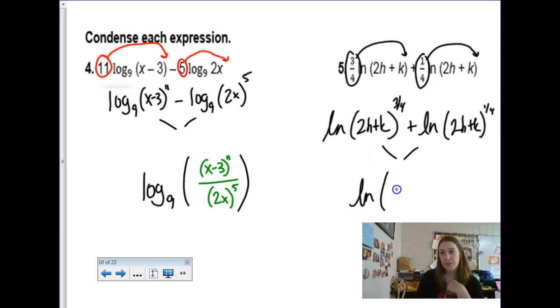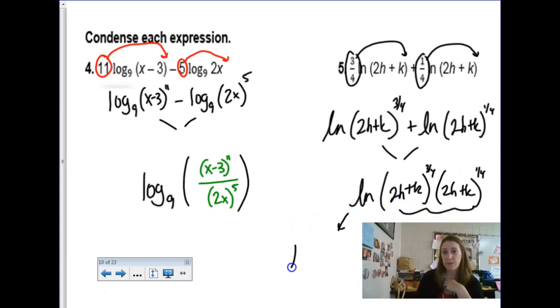Oh, you know, I didn't notice at the beginning, but the 2h plus k, those are like terms, if you will. So, whoopsies on my part. So 2h plus k to the 3/4 times 2h plus k to the 1/4. Since those are the same base, I really could have used my exponent properties now and added those together and got 2h plus k to the 1st power.